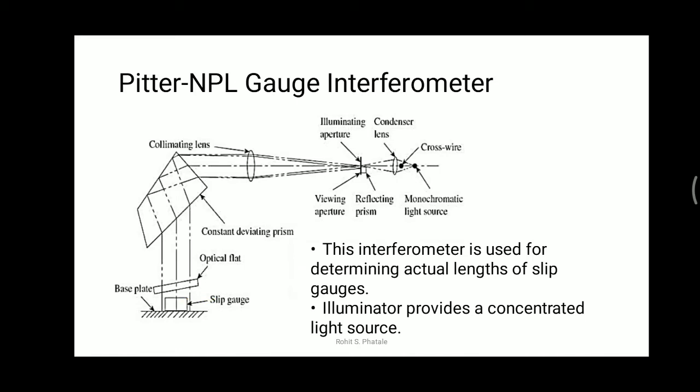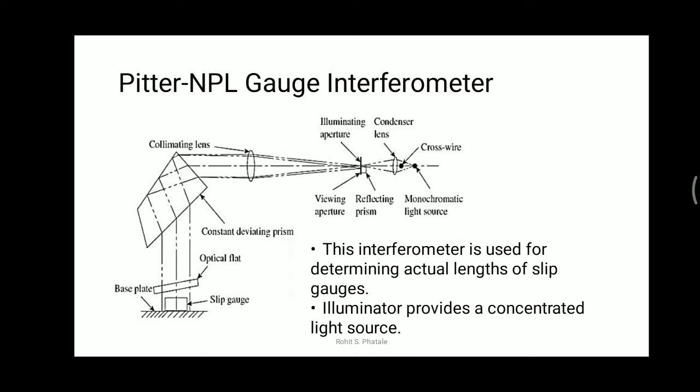Again, here we are comparing our slip gauge with the base plate. The base plate is a completely errorless plate, and whatever errors we observe on the fringe patterns will be errors on our workpiece, the slip gauges.